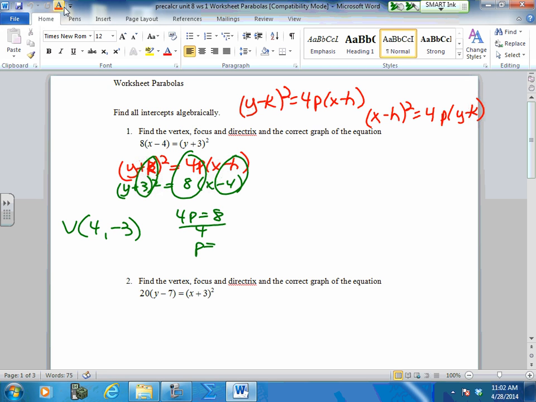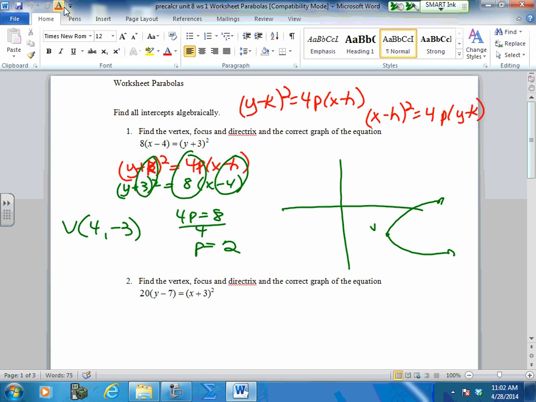Therefore, p is equal to 2. So, I have a y squared, and my p is positive. Which way is this going to open? To the right. So I locate my vertex. Remember, these are just sketches. 4, negative 3. And I'm opening to the right.